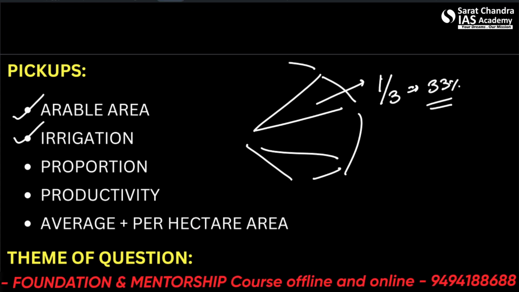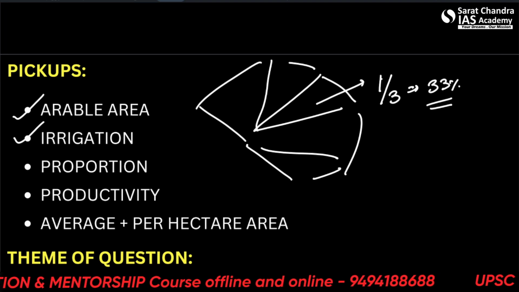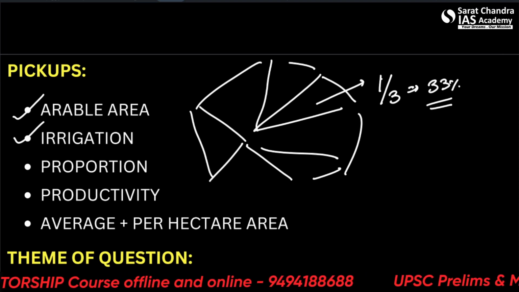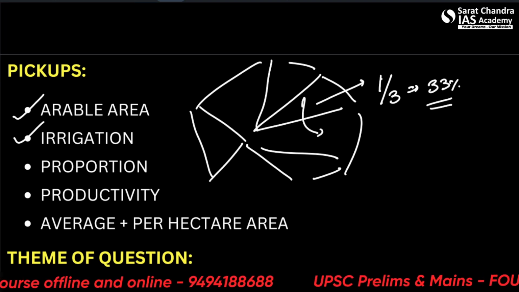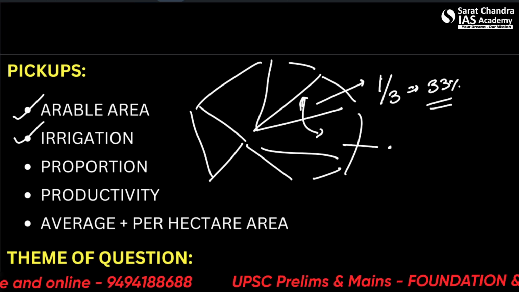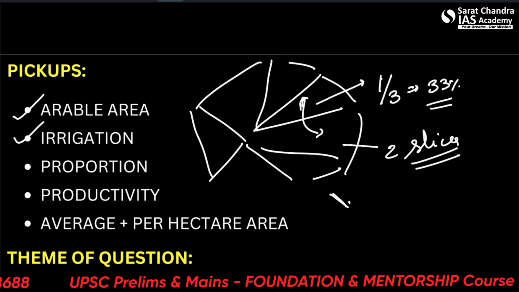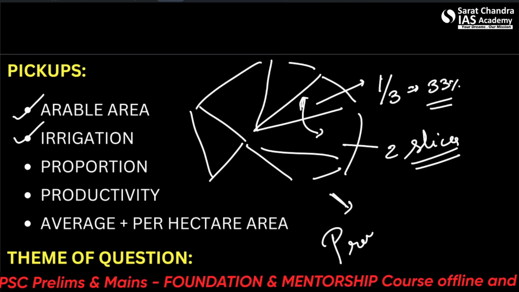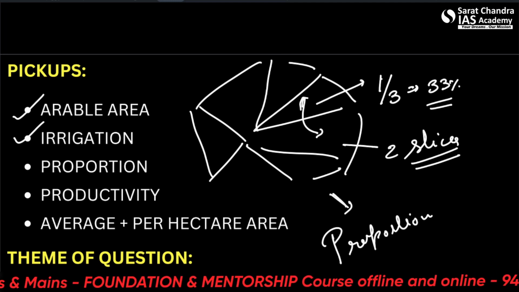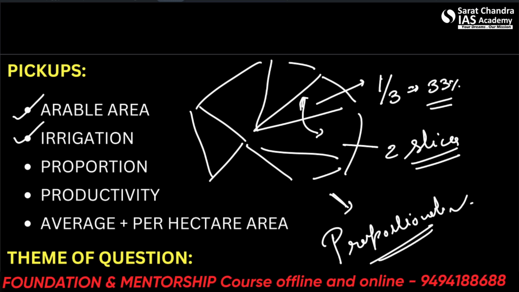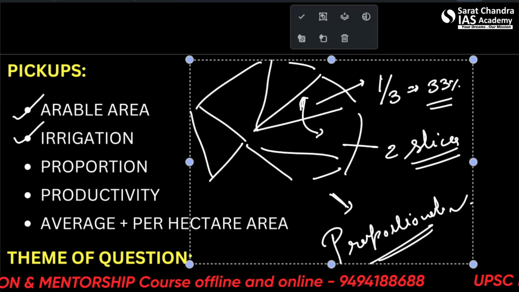Now if there were 6, then the same 33% would have consisted of 2 slices. So it remains proportionally the same. So what is proportion?